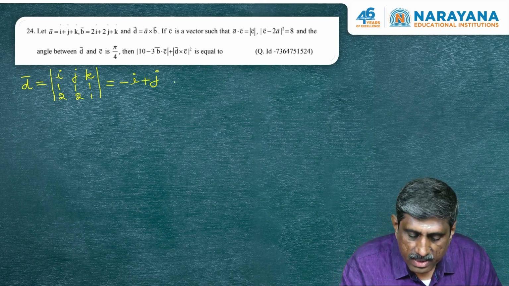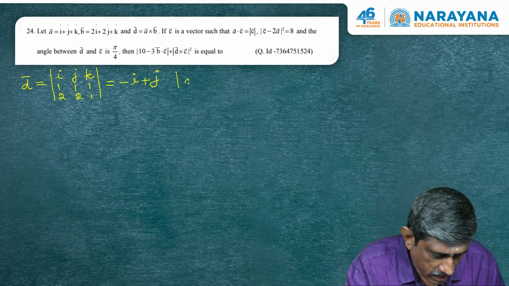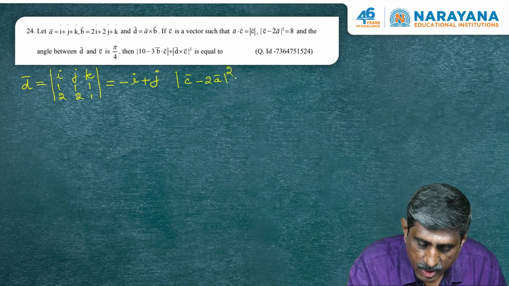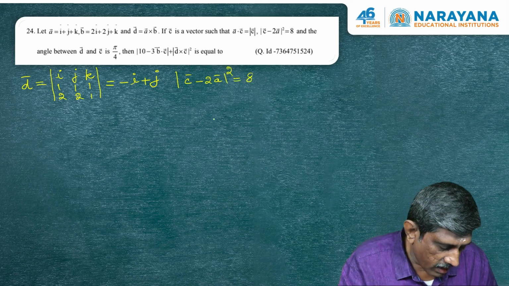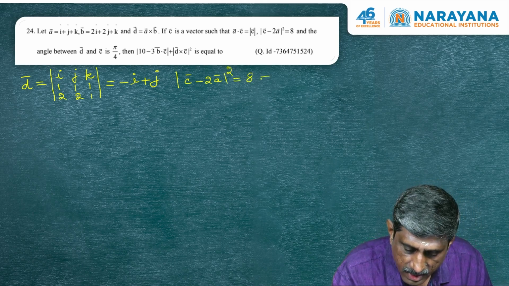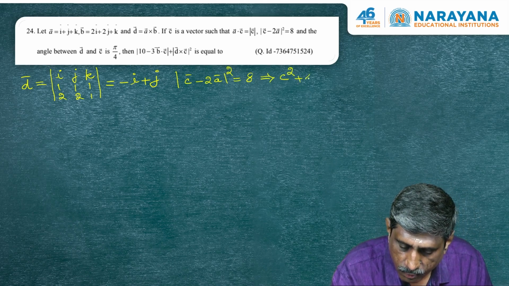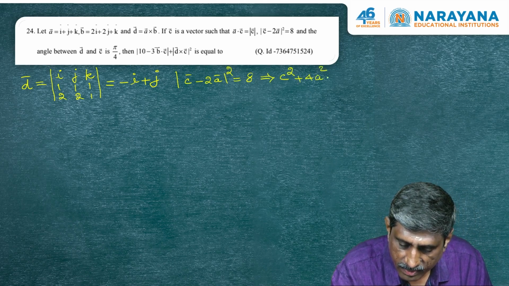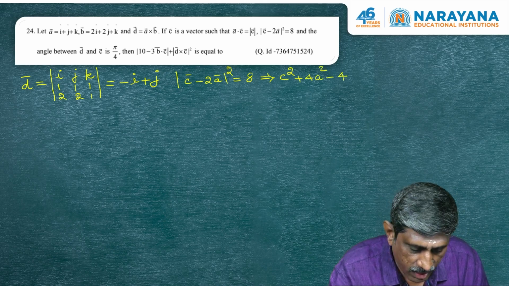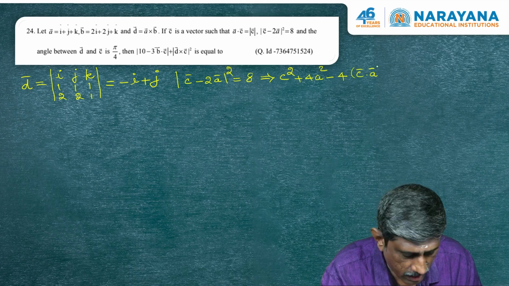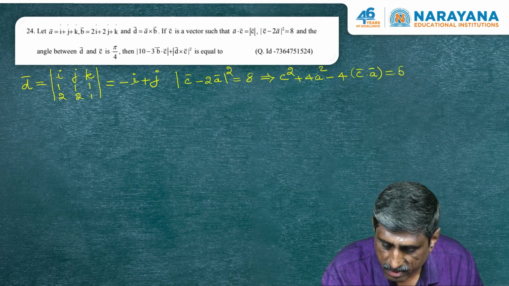And it is given that modulus of C bar minus 2A bar whole square is equal to 8. And when we simplify this, we understand that C square plus 4A square minus 4 times of A dot C or C dot A is equal to 8, whole square is given as 8.